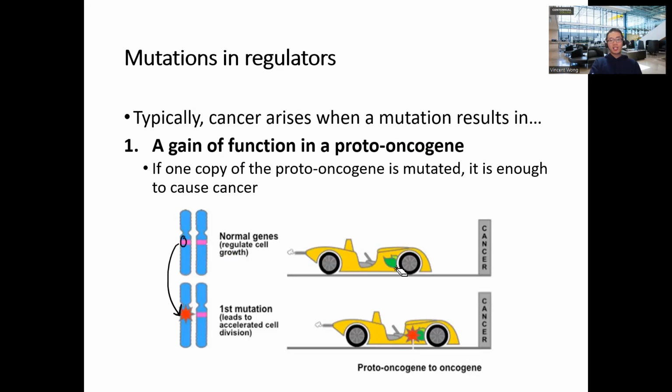So it's like a stuck accelerator. It will just keep on going with one bad copy. It doesn't matter that this one can turn off. If this one is mutated and it's permanently on, then the green light is permanently on, and it keeps on dividing and dividing and dividing, right? So only one copy of the gene needs to be mutated for the cancer to occur.